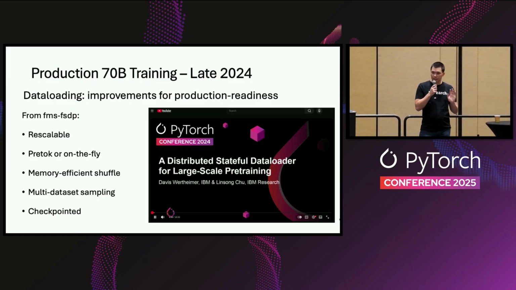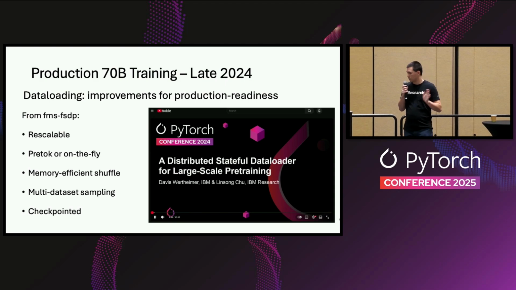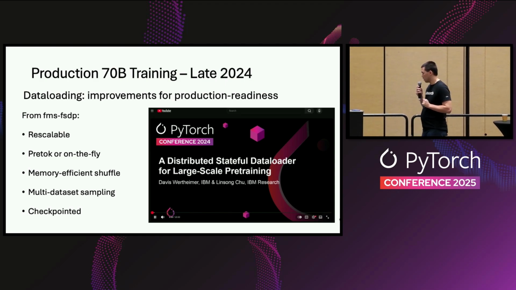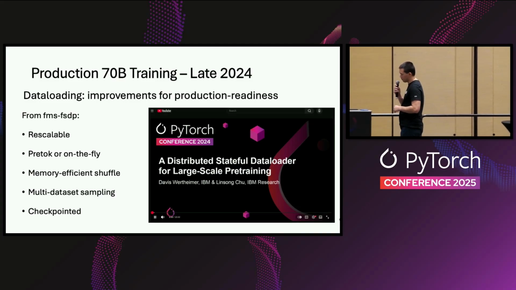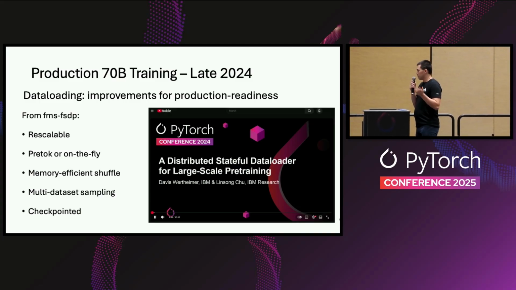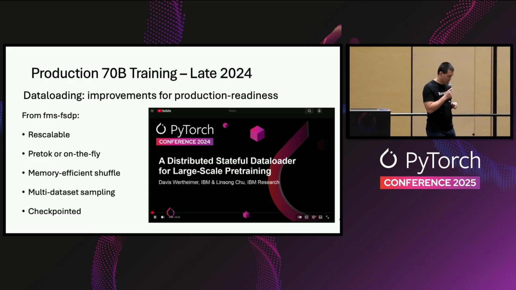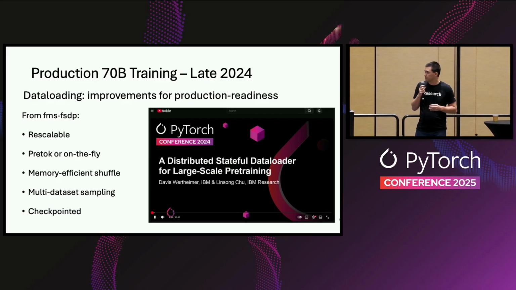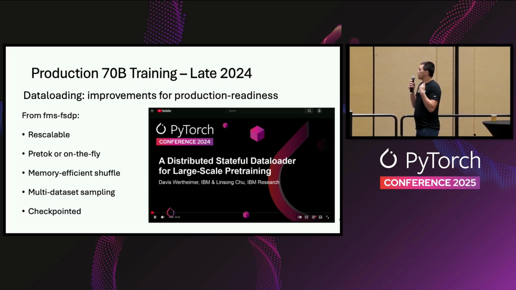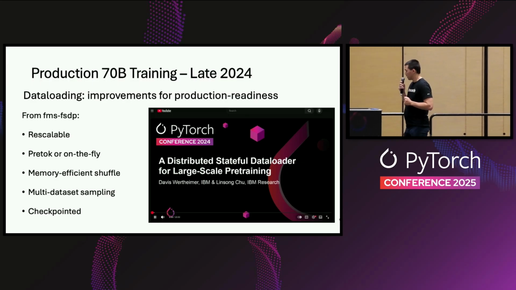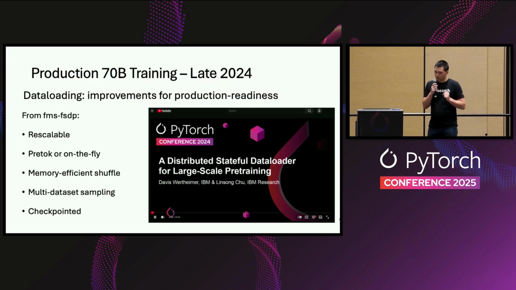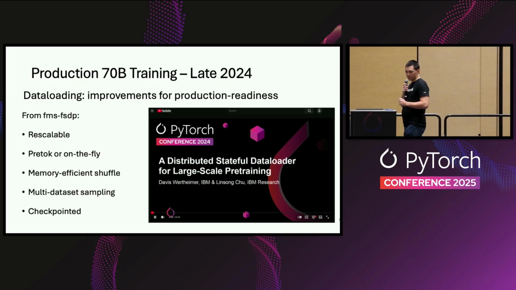So if you're combining data sets, you want to weight them in particular ratios. This is also implemented, and it's all fully checkpointed, of course. So if your training run dies, you can resume, and you'll be guaranteed, of course, to continue just where you left off in terms of the data. If you're interested in this, we had a talk on this last year, Davis and Linsong, our colleagues from IBM Research. Check out that YouTube video from last year's conference.